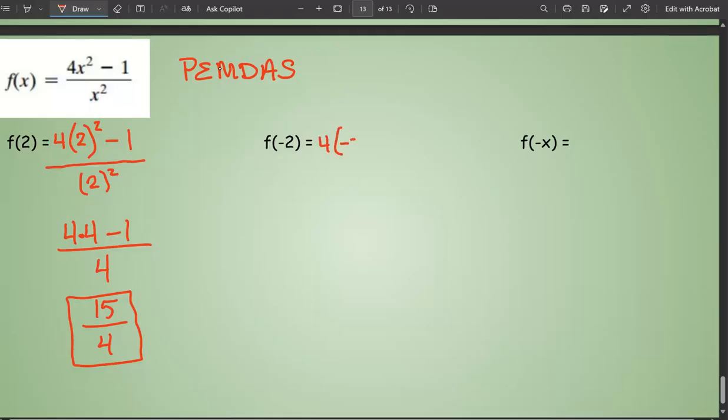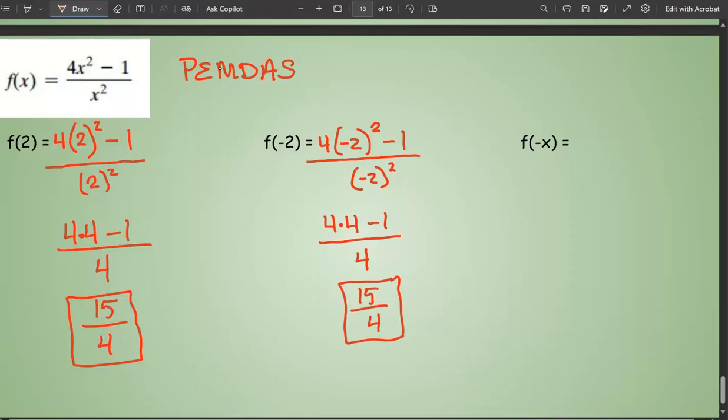Four times negative 2 squared minus 1, over negative 2 squared. Exponents first. 4 times 4 minus 1, over 4. Looks like it's going to be the exact same, 15 over 4.